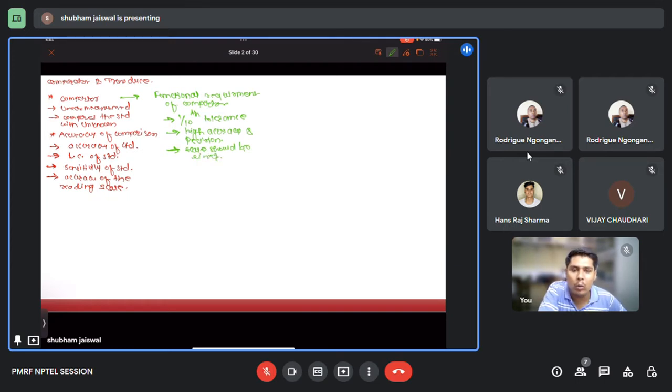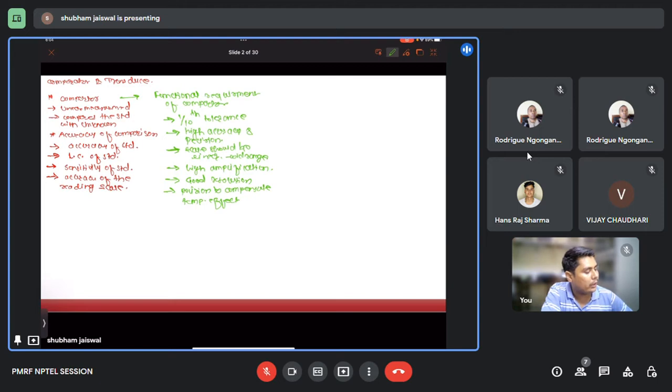It should have a wide range. After that, we have seen that it should have a high amplification factor. Similarly, it should have good resolution, and it should have provision to compensate for temperature effect.